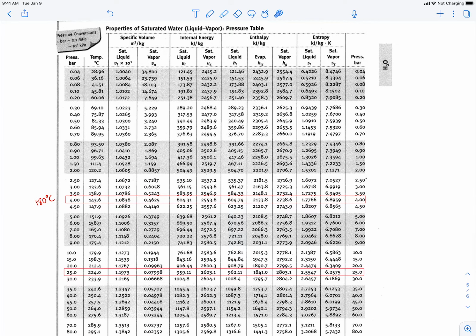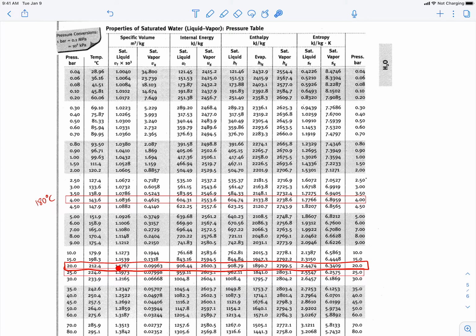Let me just verify my notes. Yeah, 20 bar is actually this table right here. So I've got another box there, but this is 20 bar that I'm boxing in. And our specific volume is 0.01.